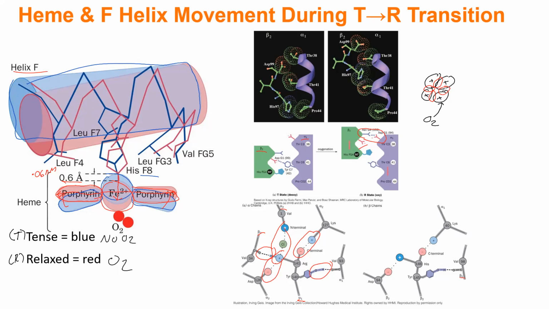This change in interaction causes these other hemes to shift from T to R as well, making it easier for oxygen to bind in those hemes because we already have a charged iron waiting at the oxygen binding site. That, in a nutshell, is how positive cooperativity works in hemoglobin, all due to protein movement.